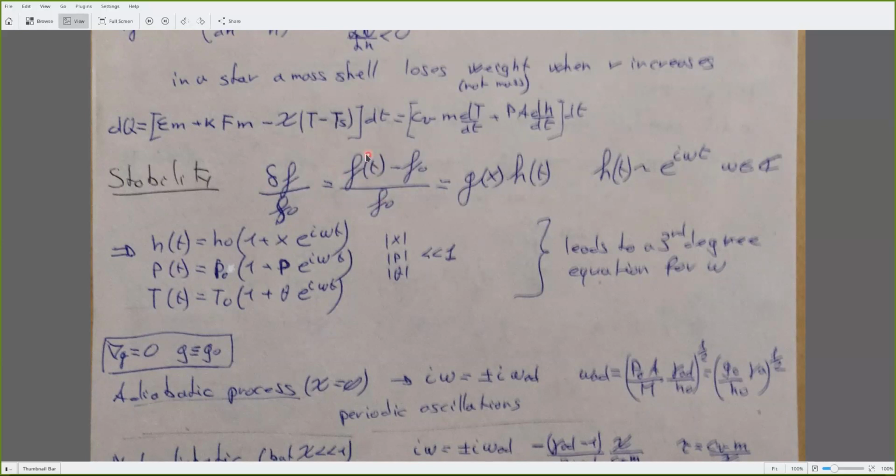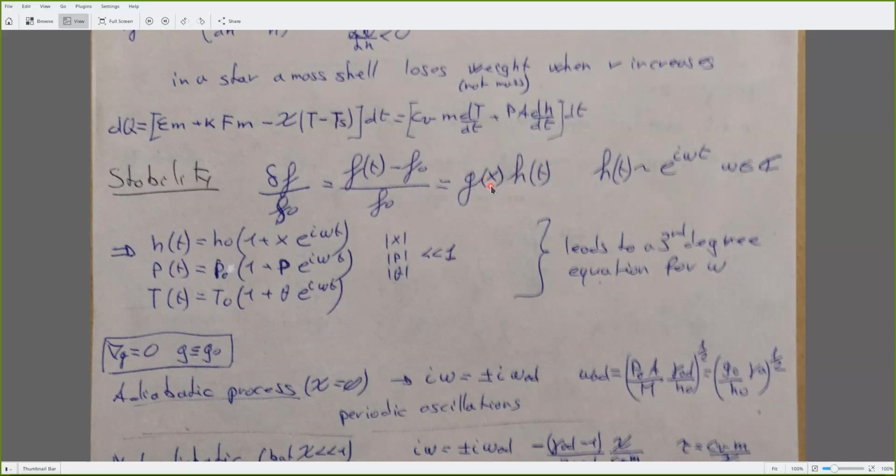The variation is the new value at a certain time minus the initial value, divided by the initial value, and we consider that this relative variation can be expressed as a function of just the properties and a function of just the time.